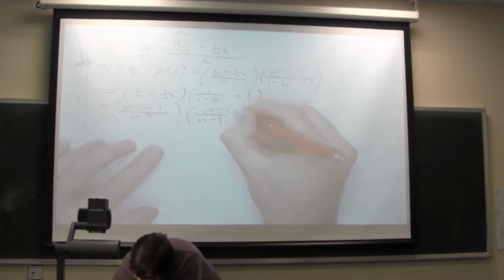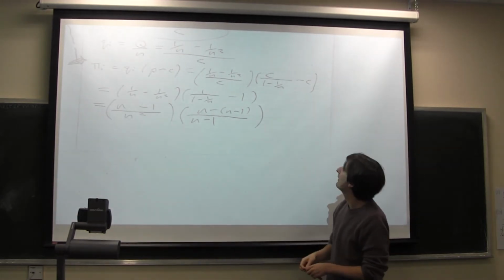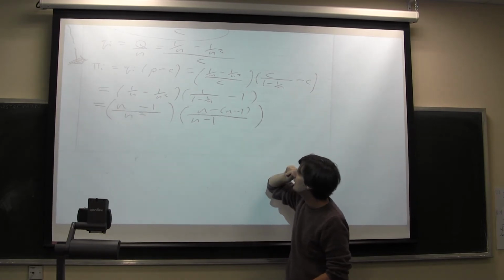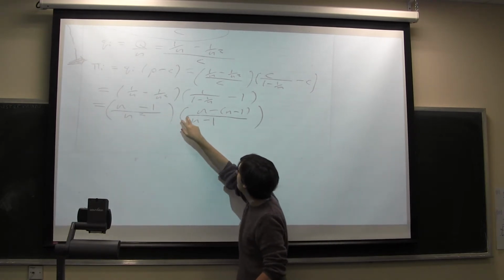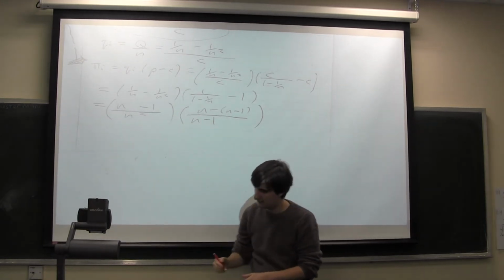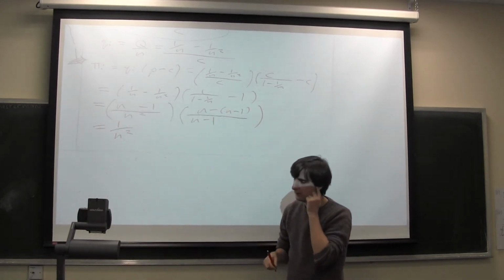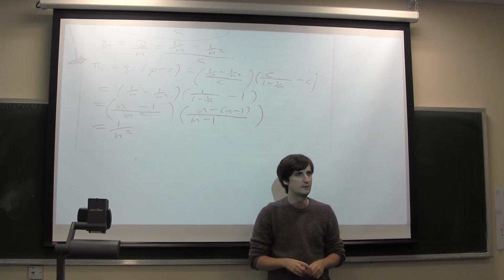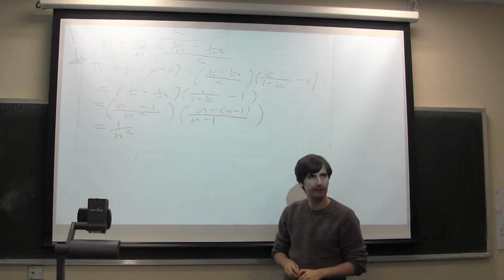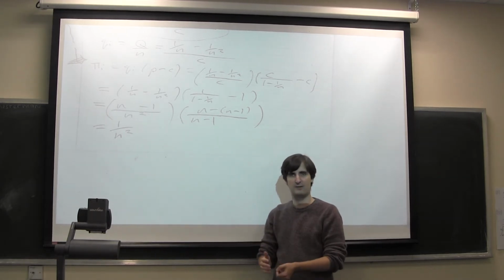So the n's cancel out, and this is going to be plus 1. But we've got an n minus 1 there and an n minus 1 there. These two bits cancel out. So this is just 1 over n squared. So we got something nice in the end. Happy with that? So this is the profits from the production period.